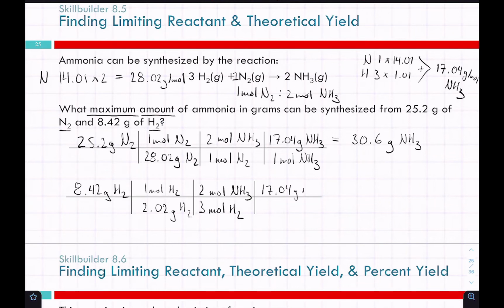So you can save yourself some time, because you don't have to recalculate the molar mass of ammonia. 8.42 times 2 times 17.04 divided by 2.02 divided by 3. So that's going to be 47.3 grams of NH3.